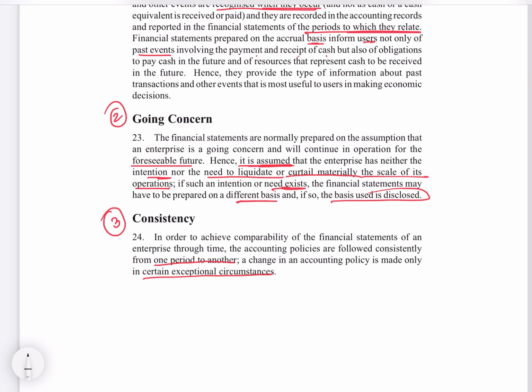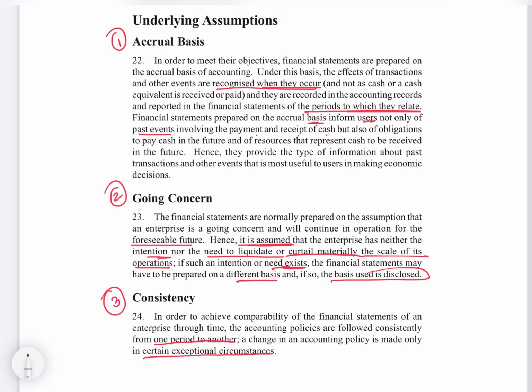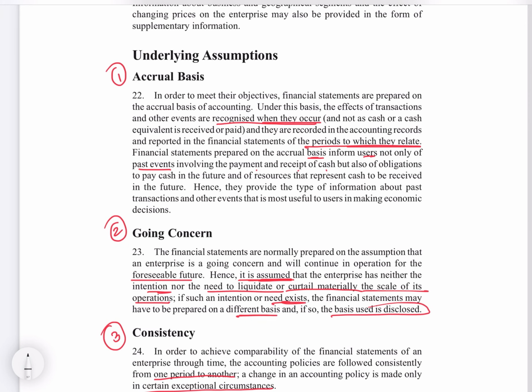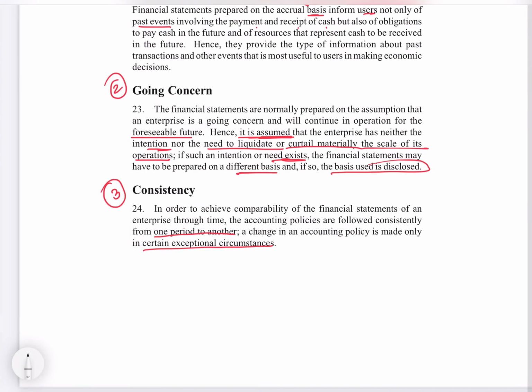But it is assumed that once they have adopted an accounting policy, they are following the same accounting policy for each period. Any change requires a separate disclosure to the extent required, which the accounting standard specifies. So, the underlying three assumptions are accrual basis, going concern and consistency.